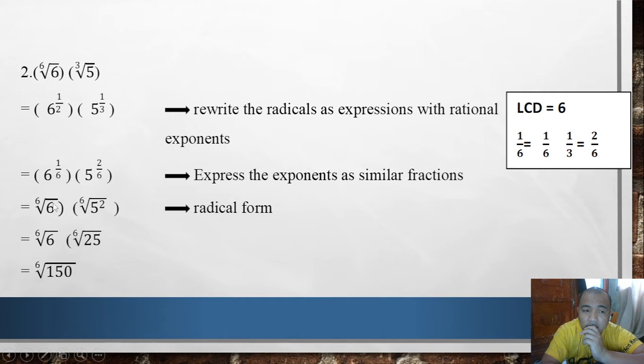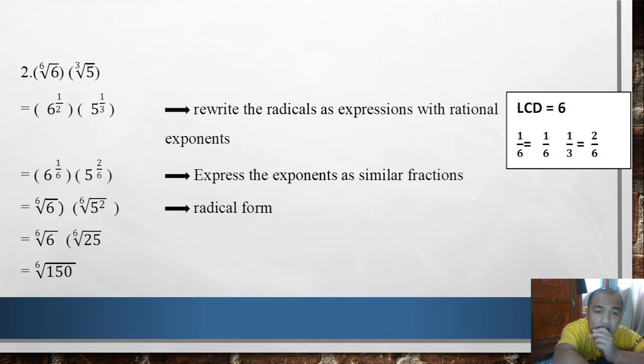Here it should be 6th root of 6 cubed. Alright, so the answer should be 6th root of 6 cubed times the 6th root of 25. So may I just write the correct answer? The correct answer should be 6 cubed times 25, which is 6th root of 5,400.